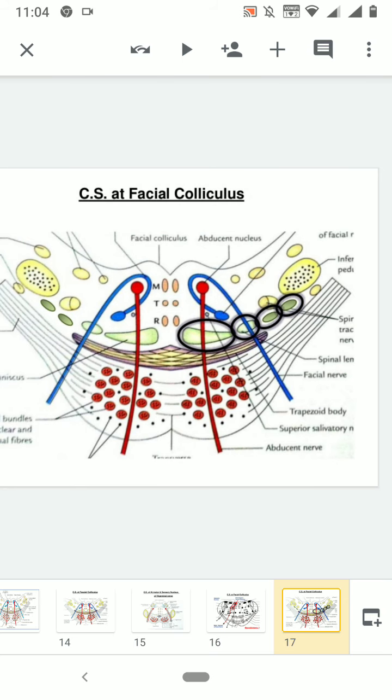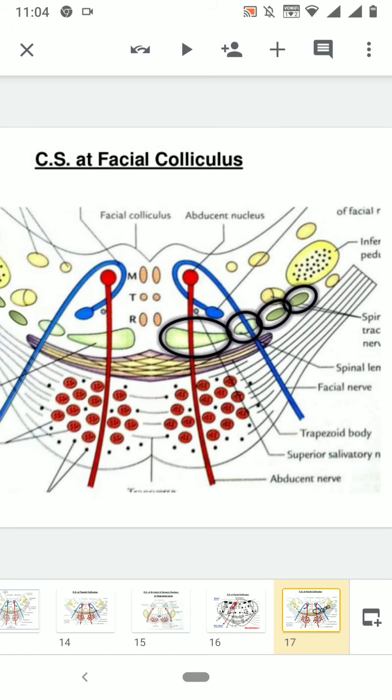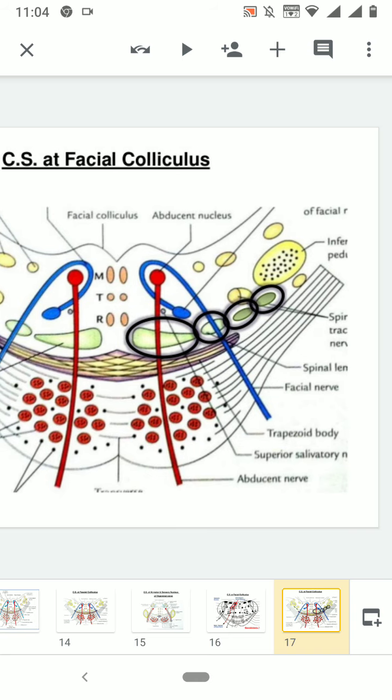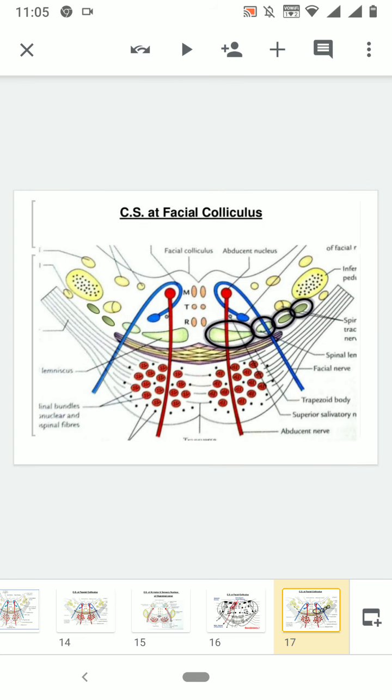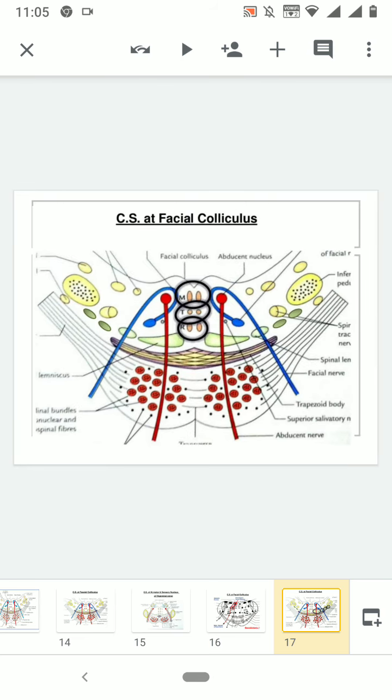It carries vibration and conscious proprioception. The spinal lemniscus carries pain, temperature, touch, crude touch, all these sensations from the trunk and the limbs. Then we have the trigeminal lemniscus, which again carries the conscious sensations, that is pain, temperature, touch, from the face, and the lateral lemniscus, which is associated with hearing, the auditory pathway.